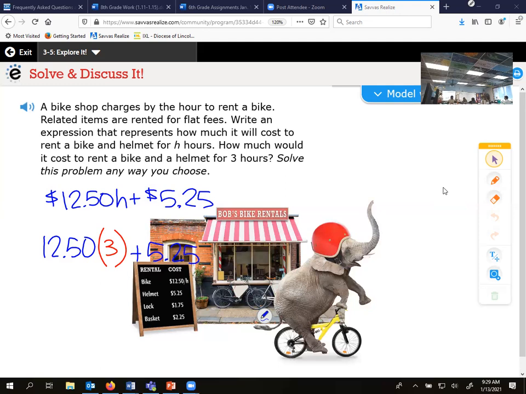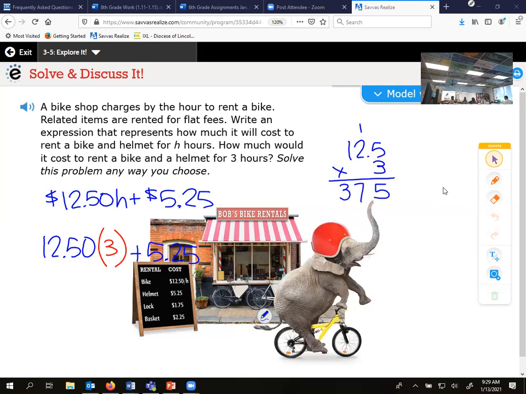Okay, so we need to do order of operations, which says multiplication first. What is 5 times 3? 2 times 3. What's 1 times 3? Where does my decimal go?